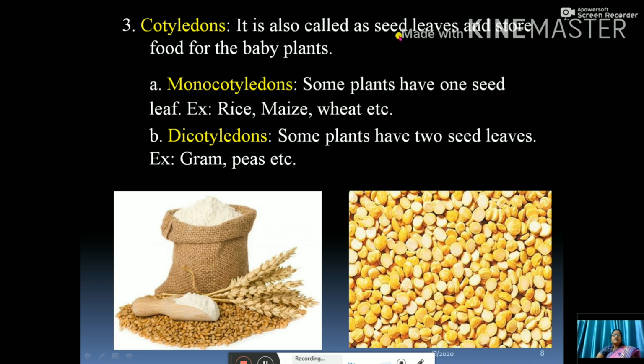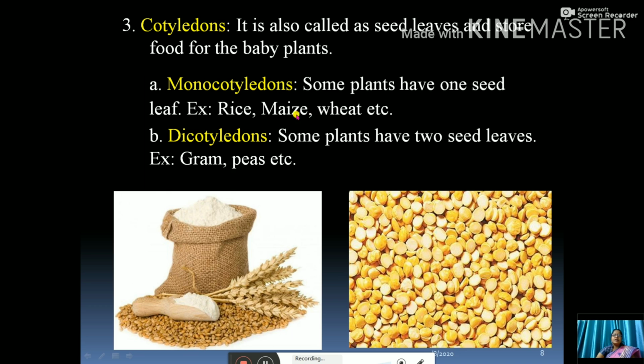As I just discussed, according to the presence of these cotyledons, the plants are differentiated into two types, monocotyledons and dicotyledons. What is the meaning of mono? Mono means single. Some plants have one seed leaf, for example rice, maize, wheat.